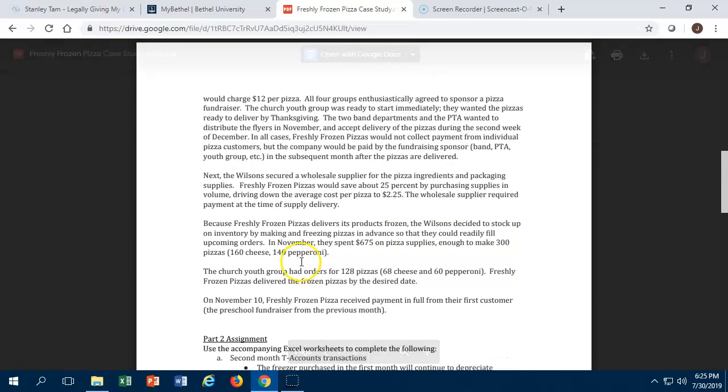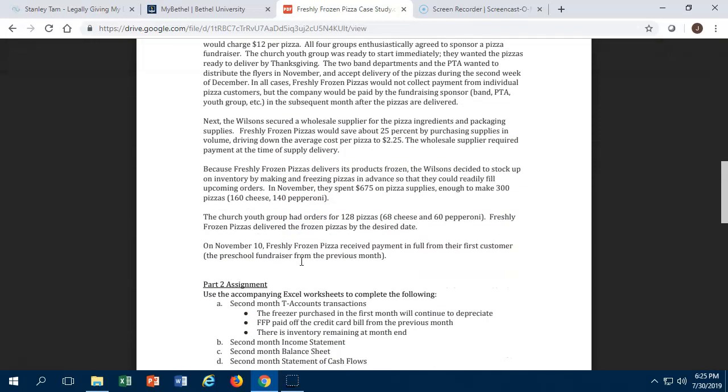Either way, whether you use the direct method of the cash flow or the indirect, you're still going to have the beginning cash balance for the month. The direct method starts with that, I think; the indirect starts with net income. You're going to have the cash balance as of November 1st at the bottom of the indirect method.